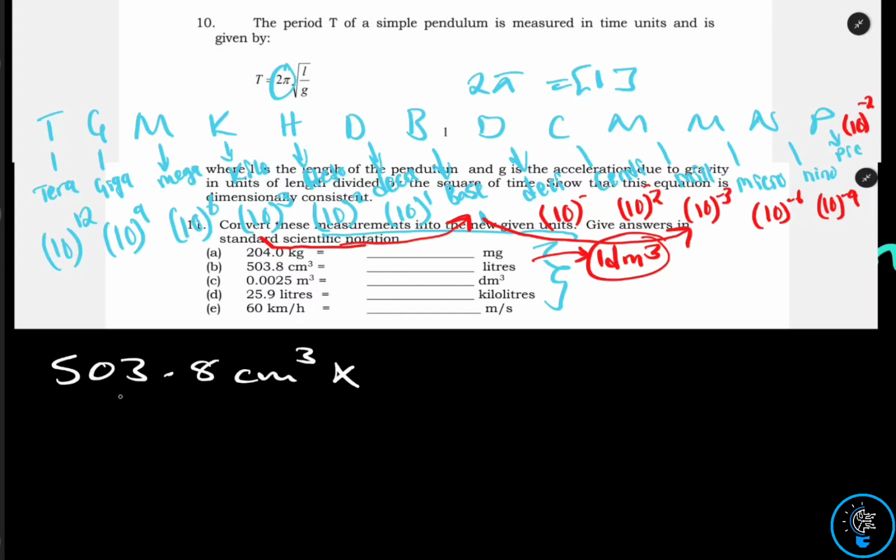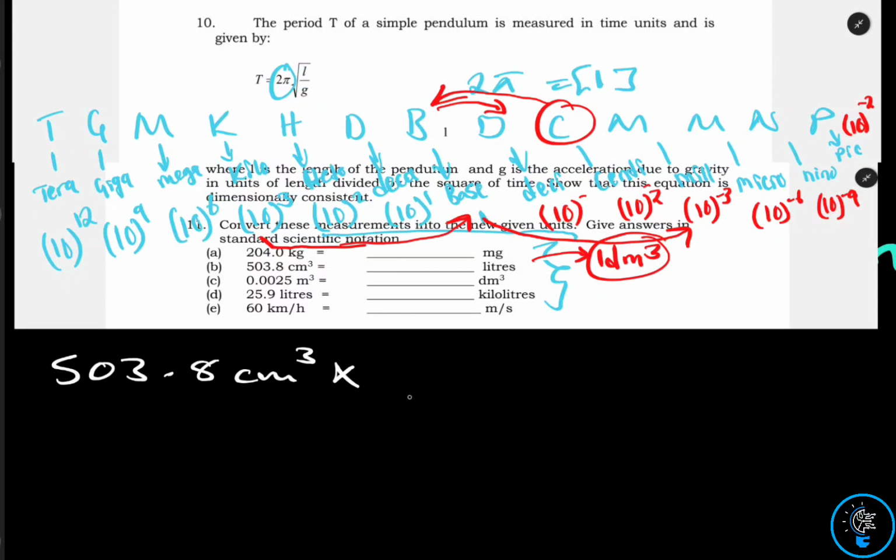So to do that, we're going to say this particular unit has to be first converted from centimeters. Where centimeters? There. So from centimeters, we're going to convert it to the base unit. Then from the base unit, we're going to convert it to decimeters, which is this point. Okay, let's do it. So basic unit first.